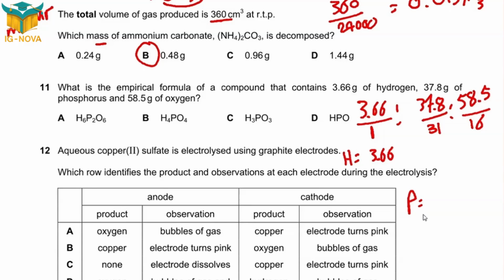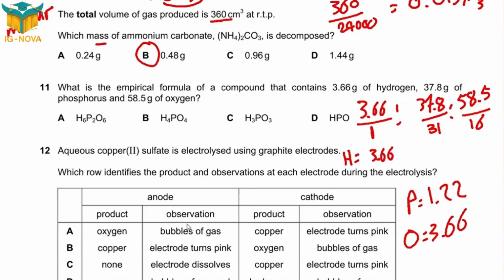Calculator again. 37.8 divided by 31 is 1.219, so 1.22 to 3 significant figures. And last one, oxygen, 58.5 divided by 16 gives 3.66, 3 significant figures.